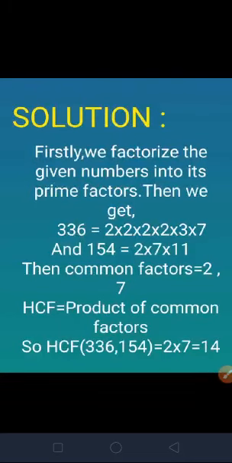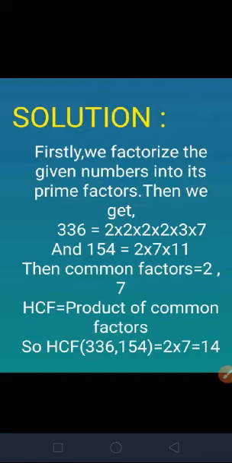When we factorize 336, then we get the prime factors 2 into 2 into 2 into 2 into 3 into 7. And when we factorize 154, then we get 2 into 7 into 11. Here the common factors are 2 and 7.